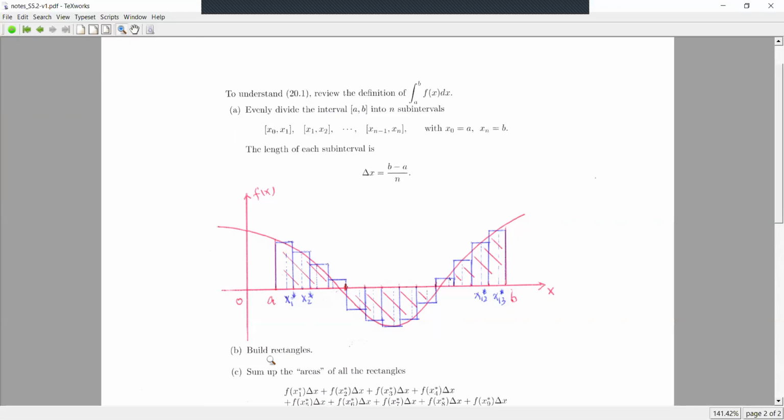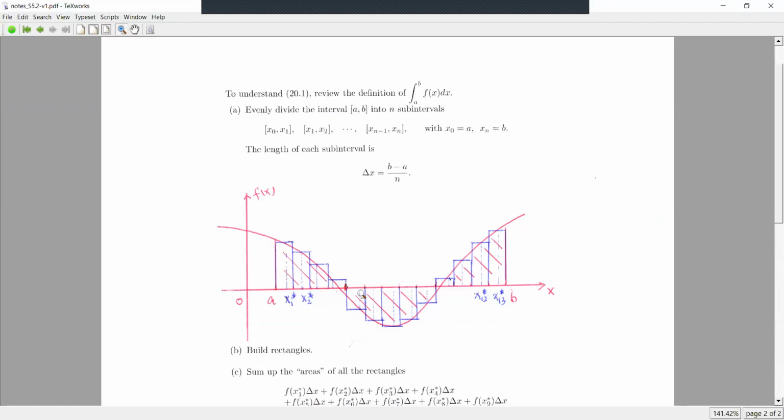Now step two, over each subinterval, build one rectangle. Over the first subinterval, arbitrarily pick a point, x1 star, and use the function value at the point as the height to build this rectangle. Over the second subinterval, arbitrarily pick a point and use the function value at the point to build a rectangle, and so on. Rectangle 1, rectangle 2, rectangle 3, rectangle 4, rectangle 5.